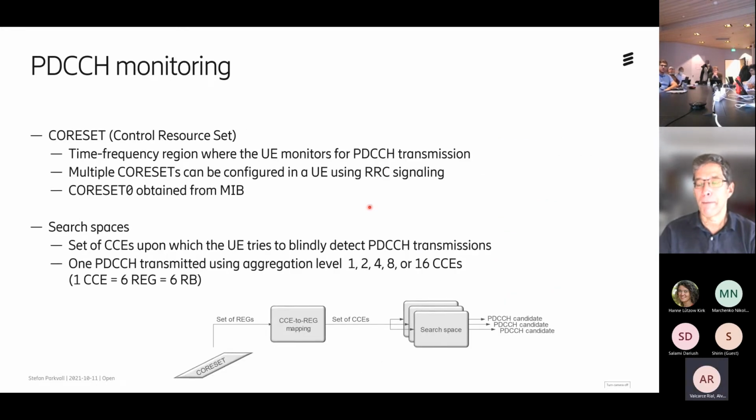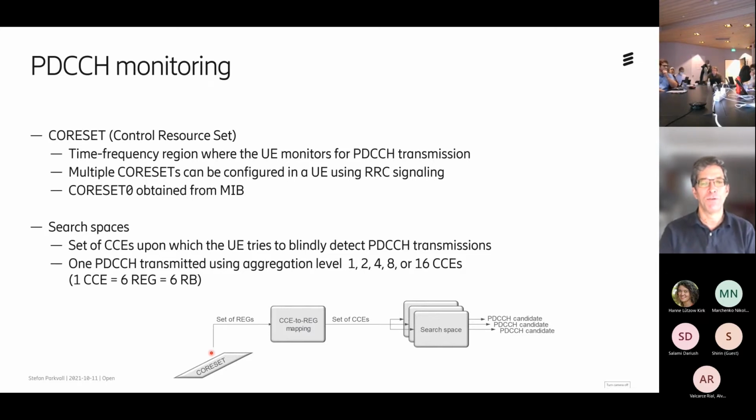And Stefan, another question: what would be the typical practice? Would one reserve one core set for several UEs, or would you rather have one core set per UE? No, again, this core set is configured in the UE. One UE doesn't know about what other UEs do, but typically you would probably configure all UEs in the system, or many of them, with overlapping core sets.